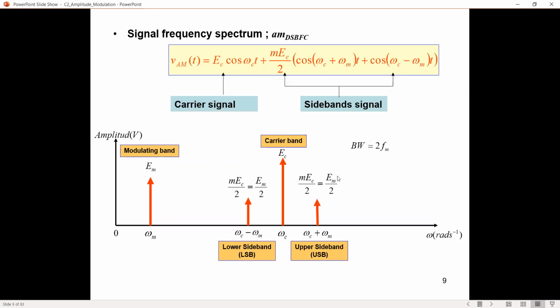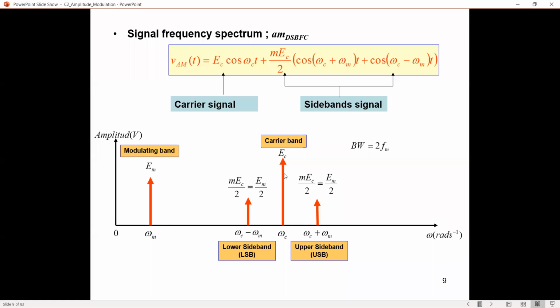So what does this mean? Before modulation, just to illustrate, our information signal at omega M has amplitude EM, and we also have our carrier frequency omega C at amplitude EC.